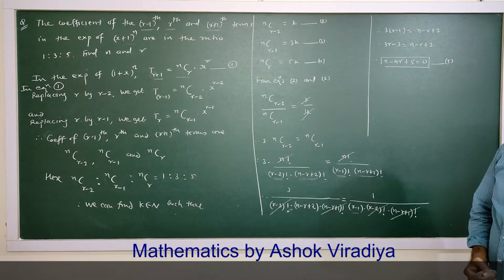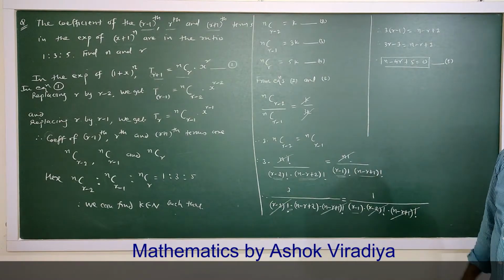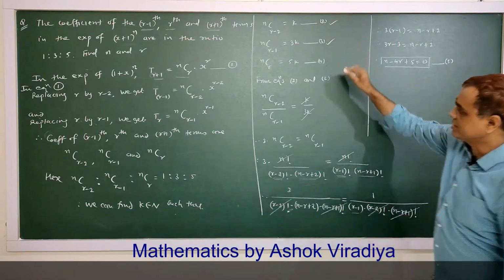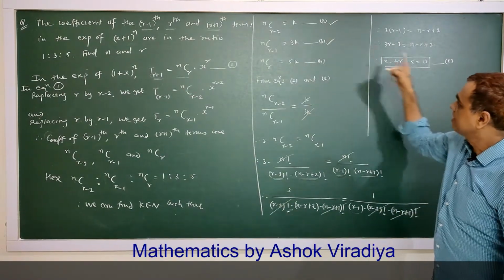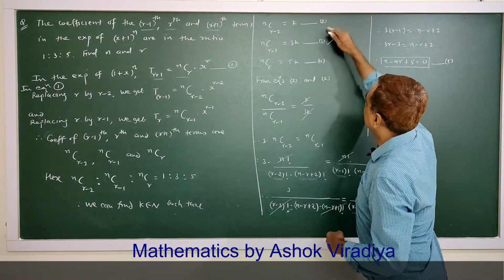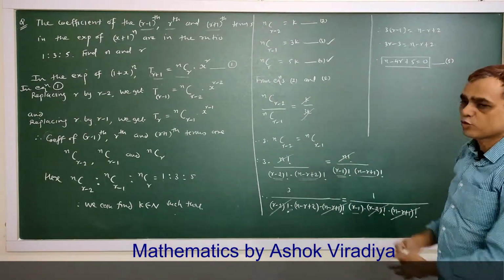Now to find the value of n and r, we want one more relation. To obtain this relation, we have used equations 2 and 3. Taking the ratio of 2 and 3, this is obtained. And now we are taking the ratio of 3 and 4 by performing similar calculation.